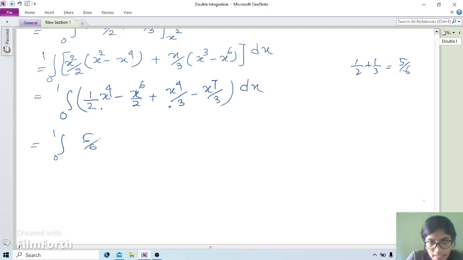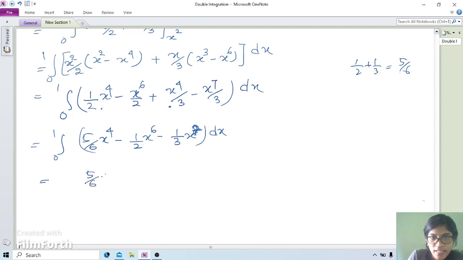So 5 by 6 x to the power 4 minus 1 by 2 x to the power 6 minus 1 by 3 x to the power 7, into dx, which equals 5 by 6 x to the power 5 by 5, minus 1 by 2 into x to the power 7 by 7, minus 1 by 3 into x to the power 8 by 8, limit 0 to 1.